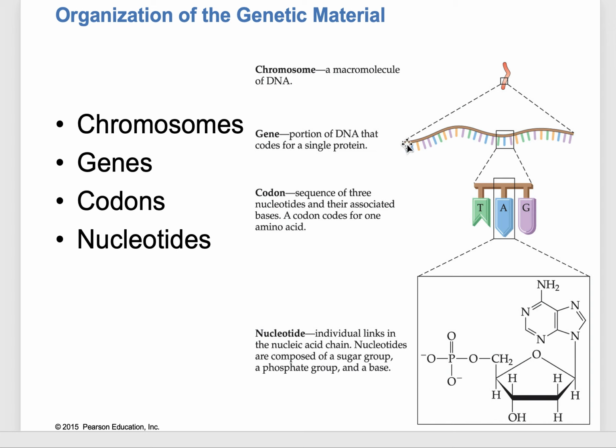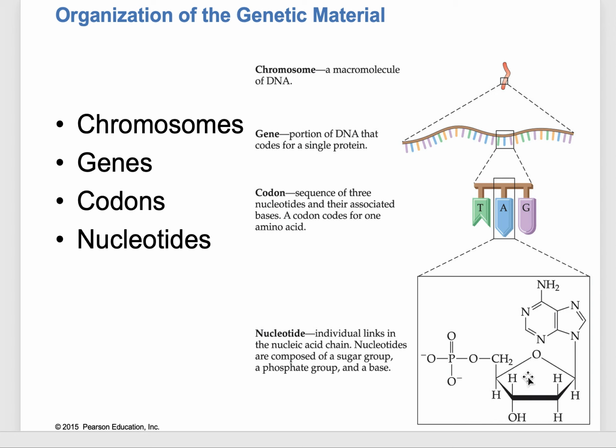So here's the order. We've got chromosomes, and we have 46 of those, and they come in 23 different pairs. In a chromosome, there are DNA molecules, and in DNA, there are many genes, and in one gene, there are many codons, and each codon has three different nucleotides labeled by three different bases.